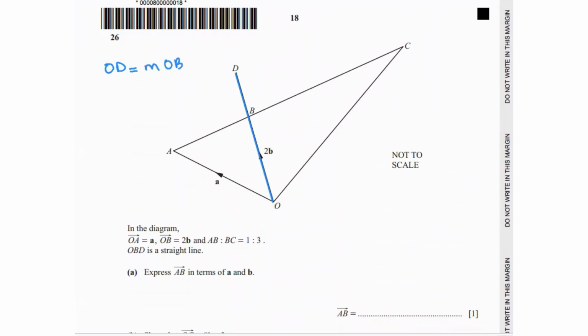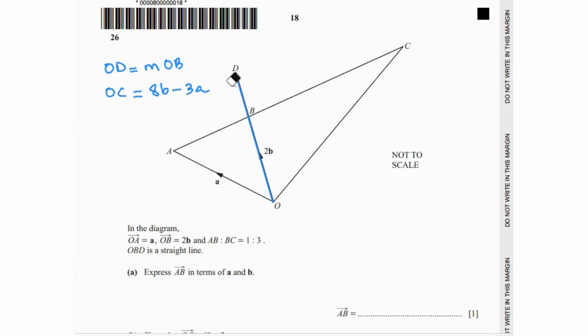And we also know that OC is 8b minus 3a. And the question says AD equals k times OC.